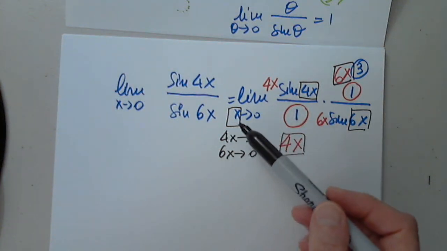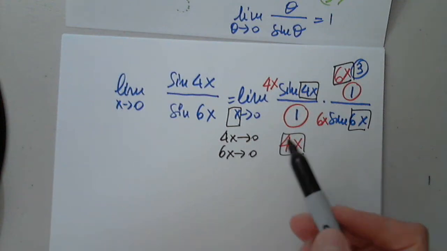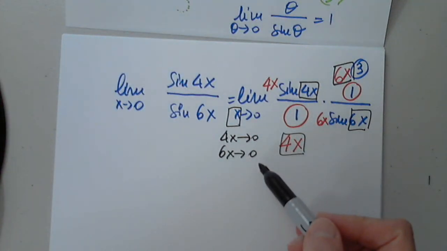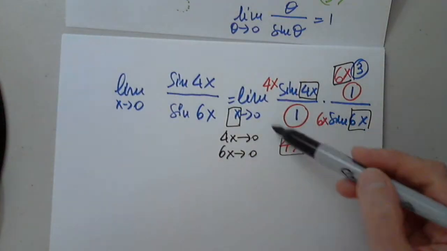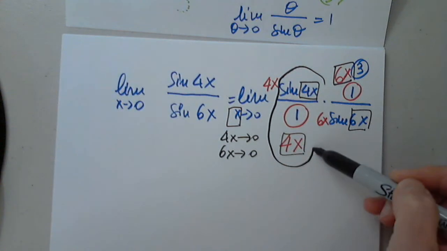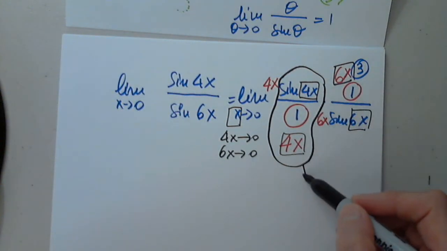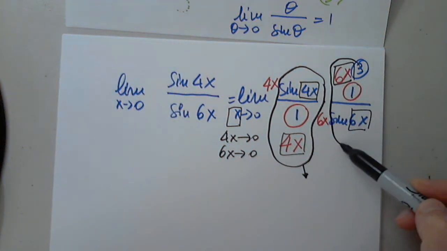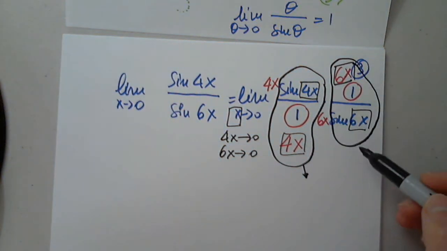If I say to you that x approaches 0, I really tell you that 4x approaches 0 or 6x approaches 0. So by manipulating the function, I realize that this piece will go to, and you'll tell me, and this piece will go to, and you'll tell me.